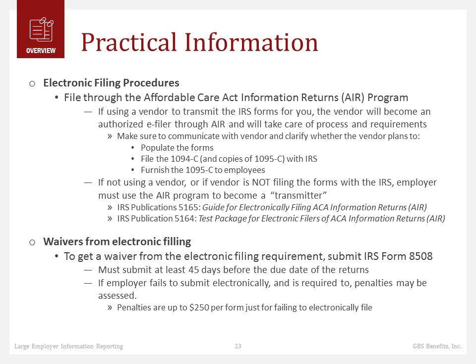If you are using a vendor or a third party whom you have hired to help you do the submission, either populating the forms and/or the submission, the vendor will become an authorized e-filer or transmitter through the AIR system, and you don't need to worry about going through this process. I would, however, make sure you communicate with your vendor to make sure that you are on the same page and you understand what they will or will not be doing for you.